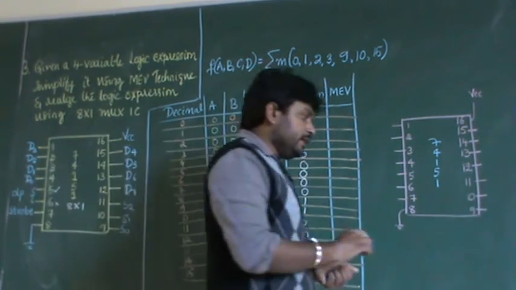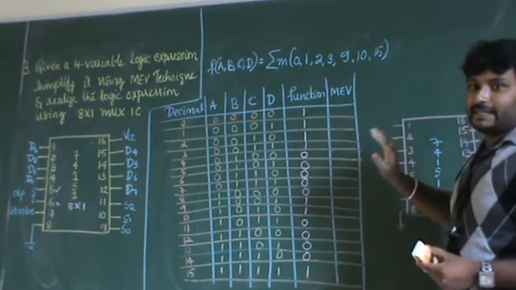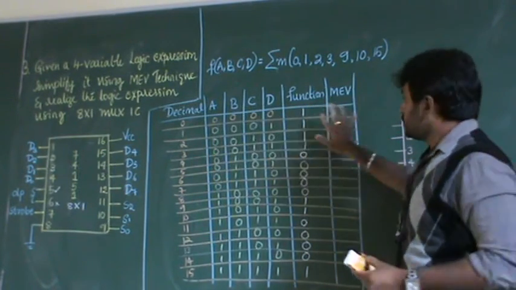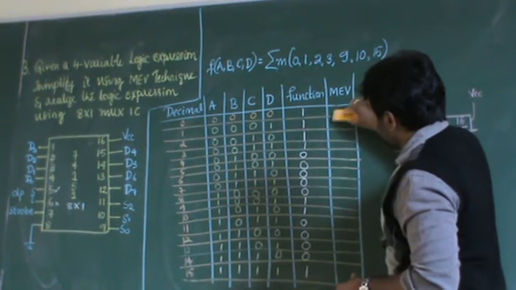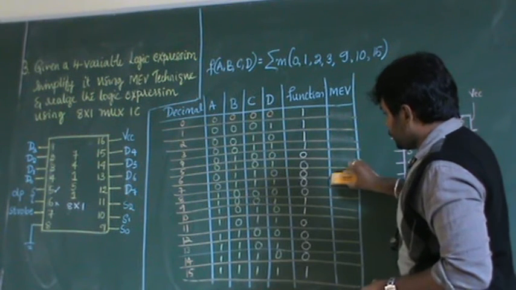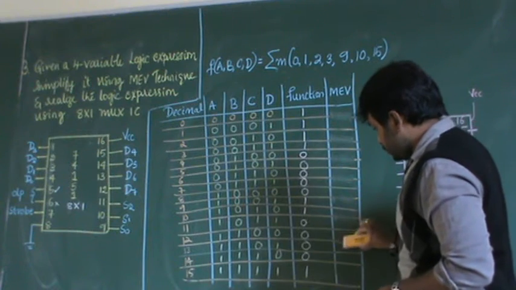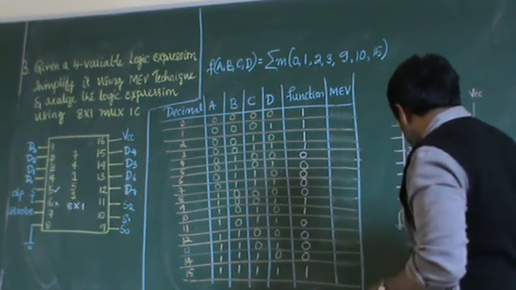So what I was telling, the MEV technique or MEV output should be written for two combinations. So let me erase this because I have to write the output for the two combinations, right?